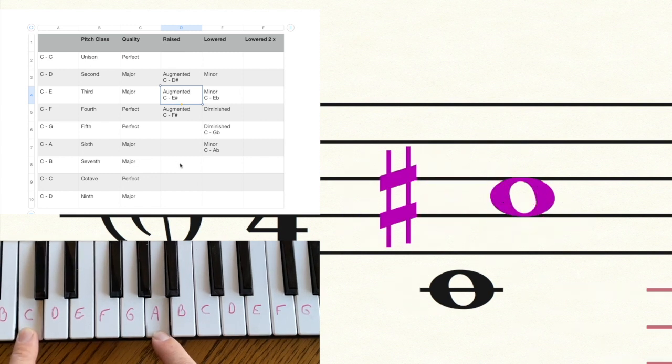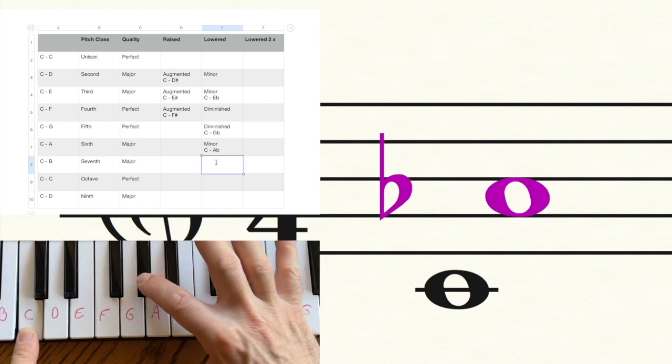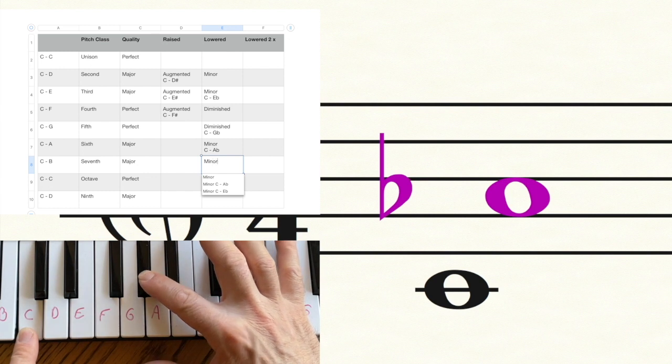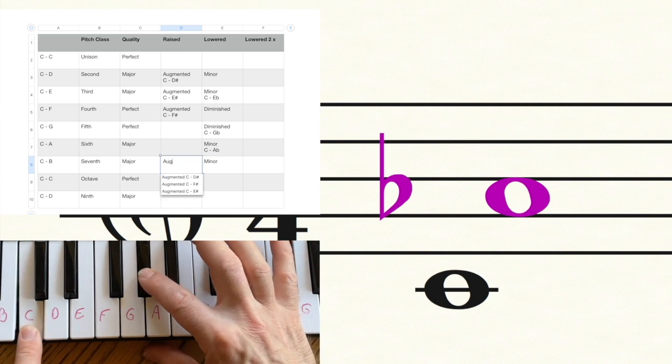Oh, that's the wrong symbol. I meant to go flat. So if you lower your major six, it becomes a minor six. So major intervals, when you lower them a half step, they become minor. So this is a minor six.